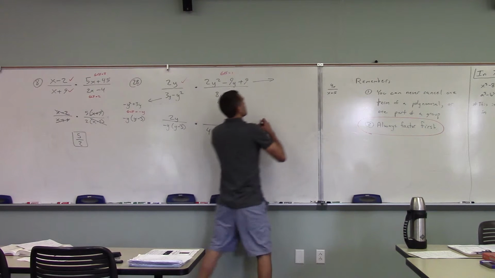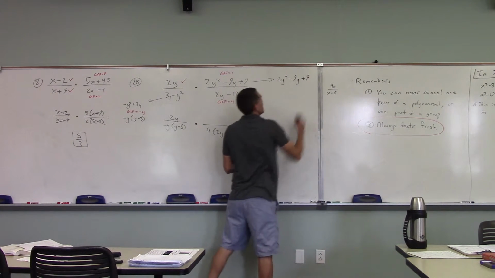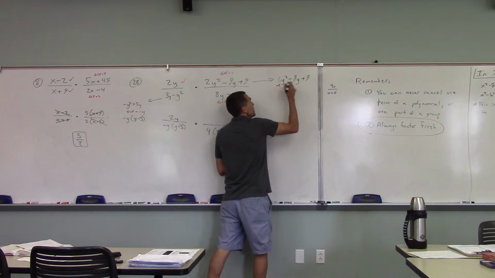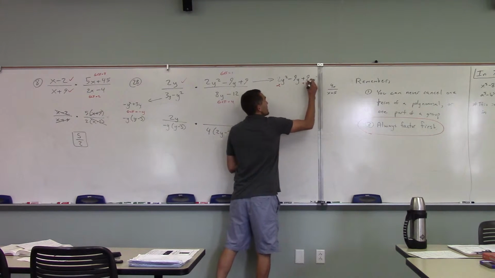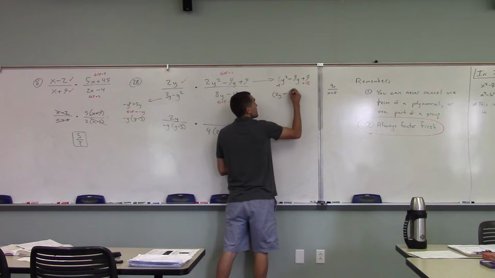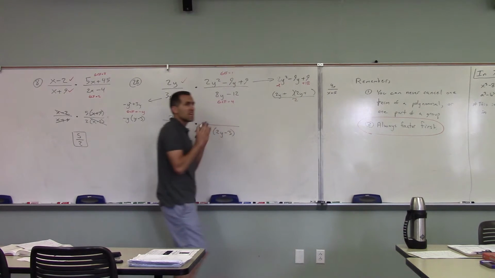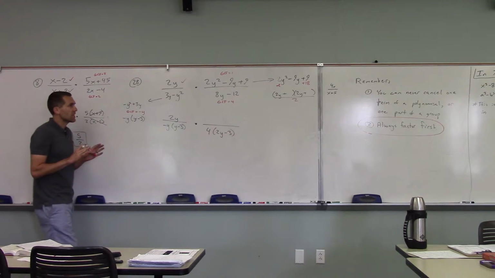Okay? So we're gonna put this 2y squared minus 9y plus 9, and we're gonna multiply in an extra 2, and multiply that to get 18, and now I'm gonna write it out. I'm gonna say that's 2y plus something times 2y plus something, and I divide out my 2. And I set that up first, so I don't forget anything.